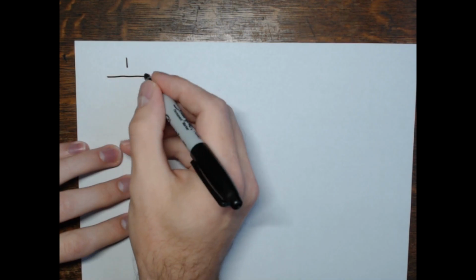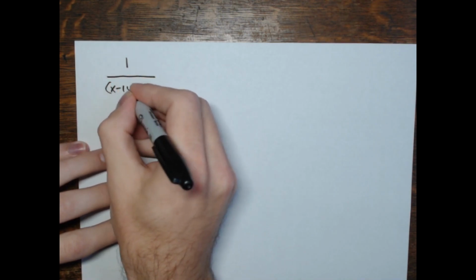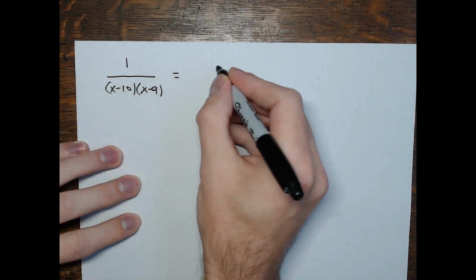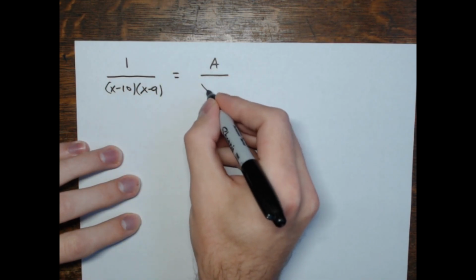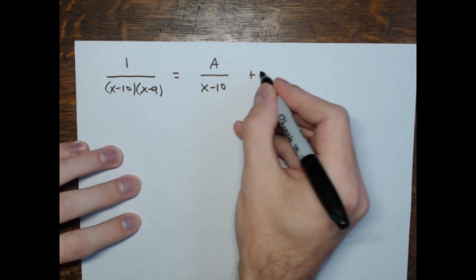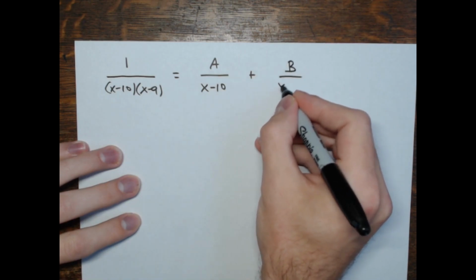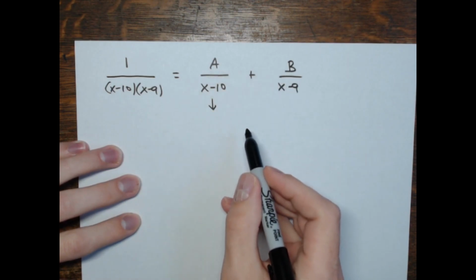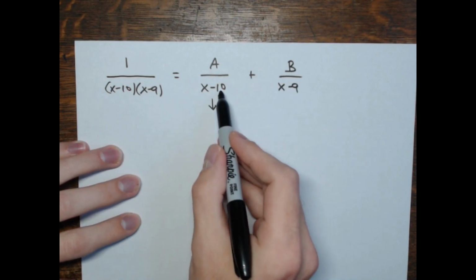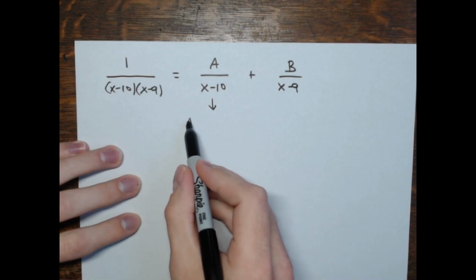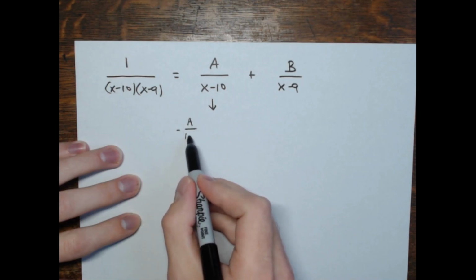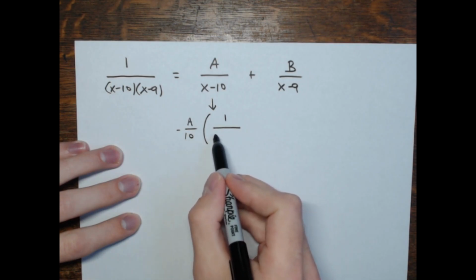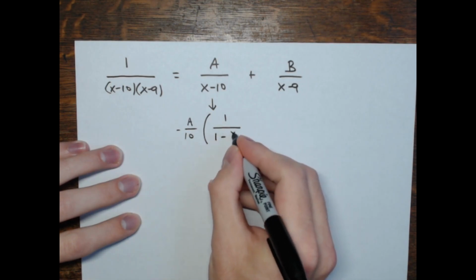So our function is this, 1 over x minus 10 times x minus 9, which I should be able to write as some constant over x minus 10 plus some constant over x minus 9, which if I don't worry about finding the constants right now, down here I could pull out a over negative 10, and then we'd have times 1 over 1 minus x over 10.